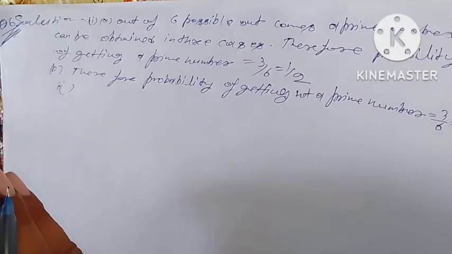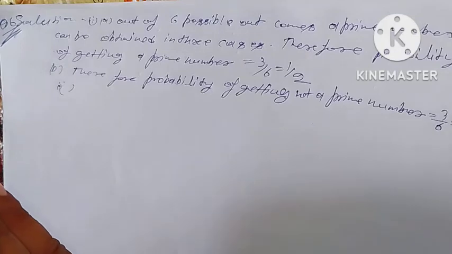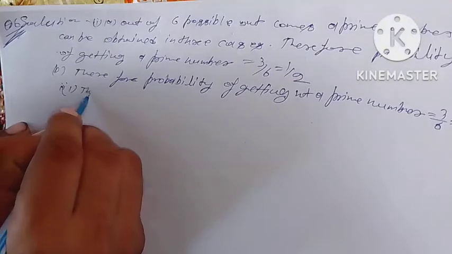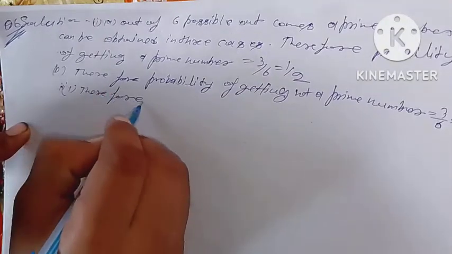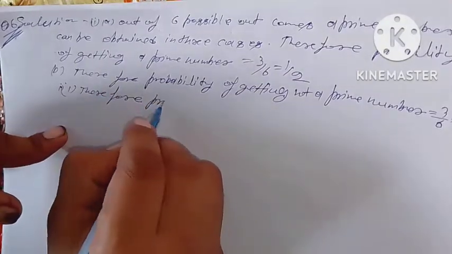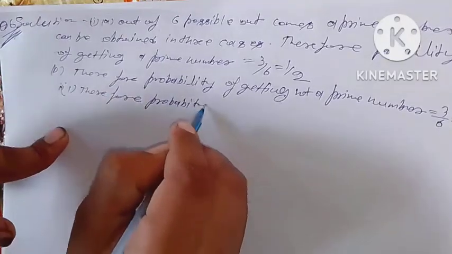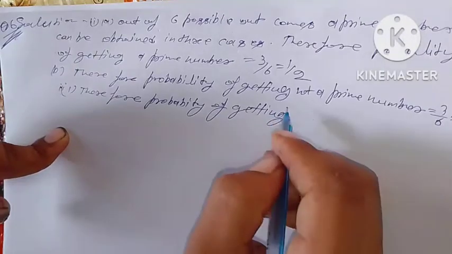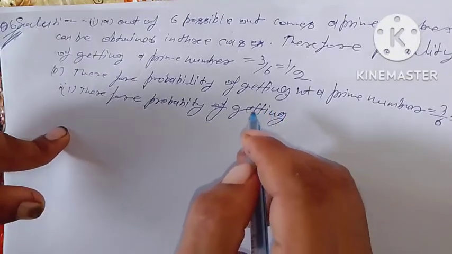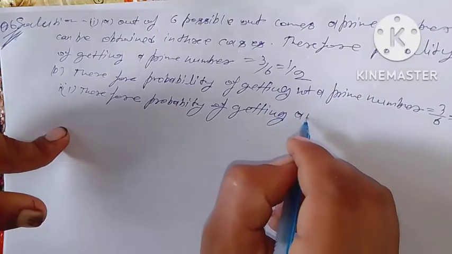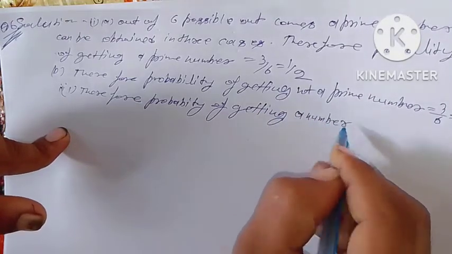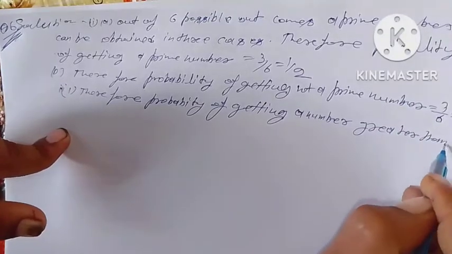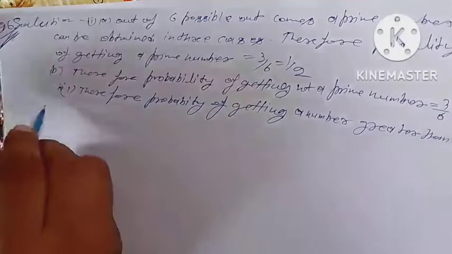Out of 6 possible outcomes, a number greater than 5 can be obtained in only 1 case. Therefore, probability of getting a number greater than 5 is 1 upon 6.